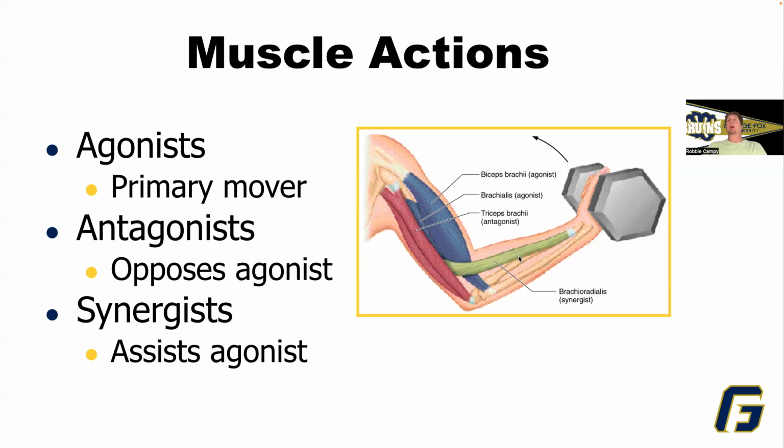Because of its origins and insertions, with the insertion point that's buried here in the illustration but is distal to the elbow, if this end and this end shorten or come closer together, the elbow is going to flex.